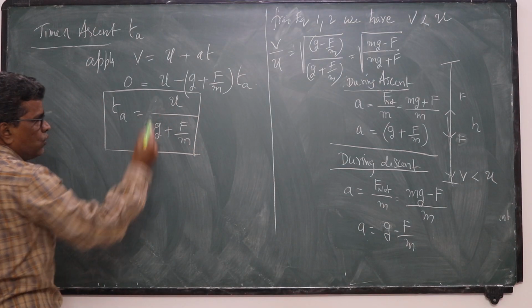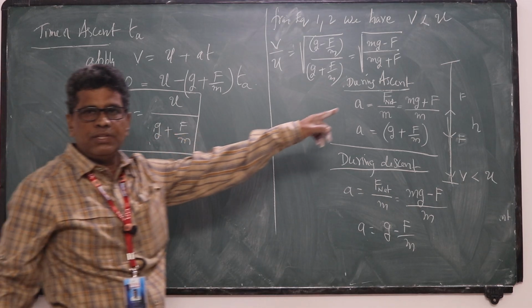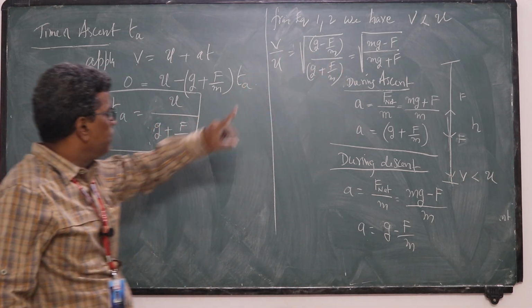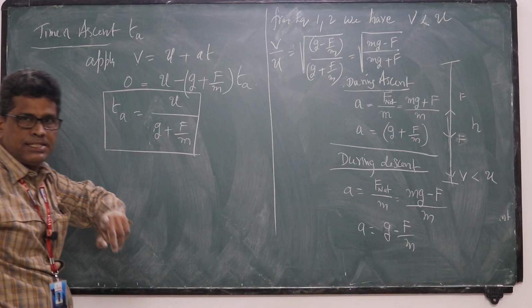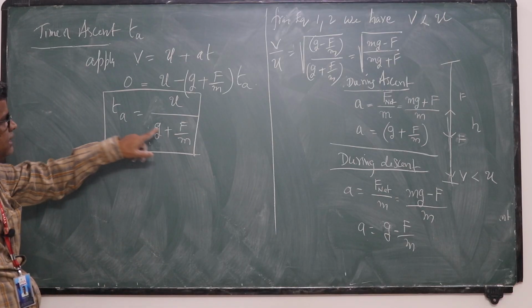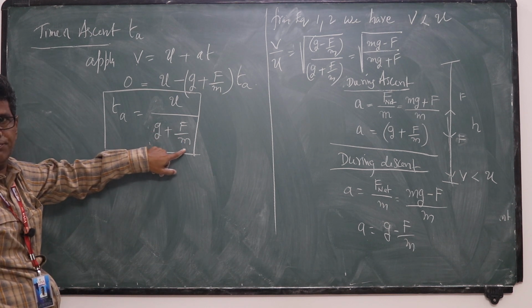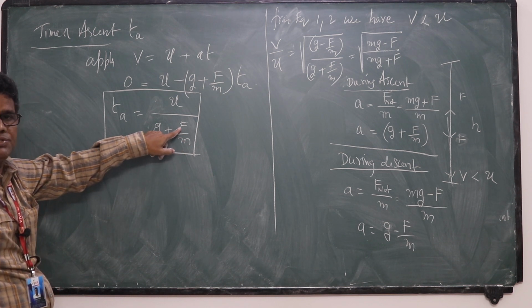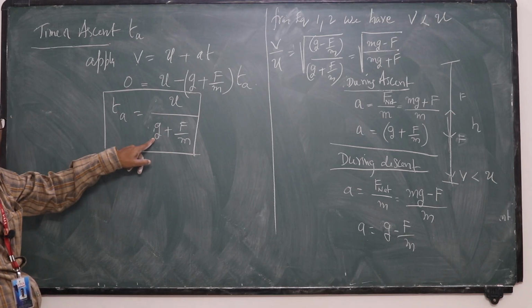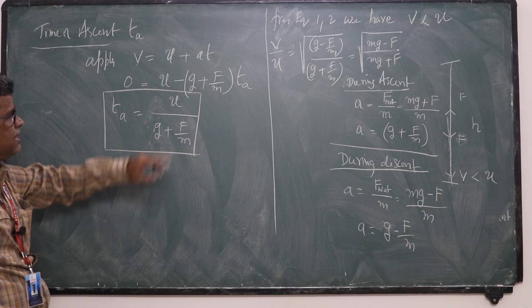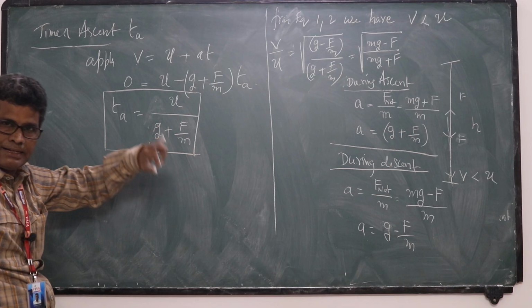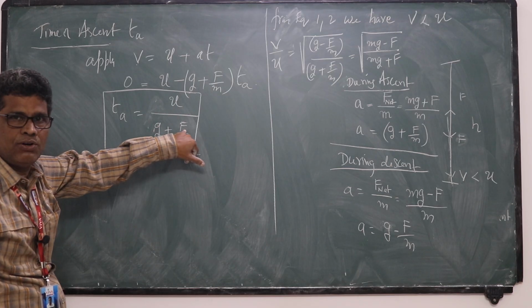If the body is projected with velocity u, and air resistance is considered, then time of ascent is u by g plus f by m. See, if you keep f equal to 0 here, you will get u by g as you got earlier if air resistance is neglected.